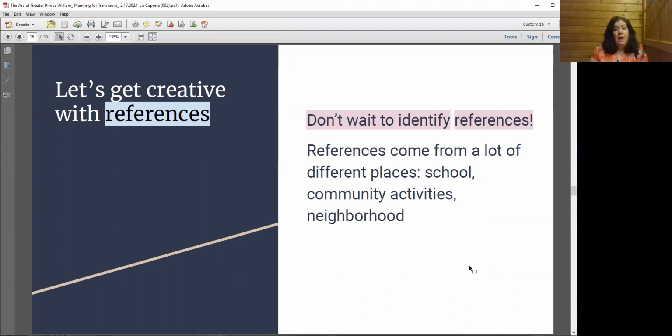And that, I invite you to start thinking now about different people in the community, church, synagogue, sports groups, neighborhood people who know your child, know their character, know their capabilities. And sometimes people will tell you, I'd be happy to be a reference. Could you write something up for me?